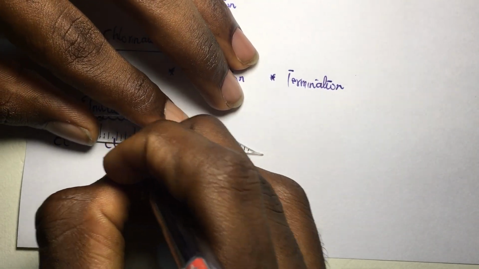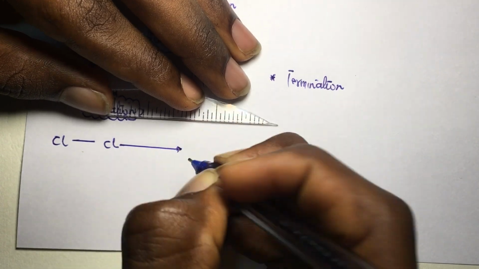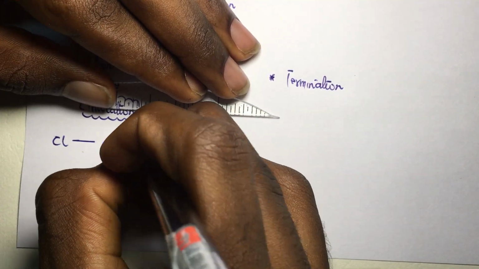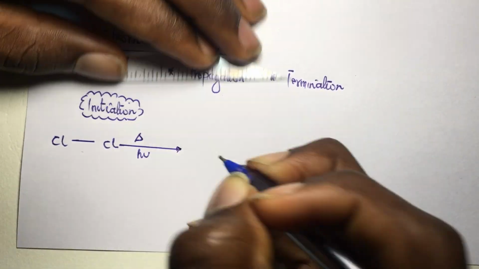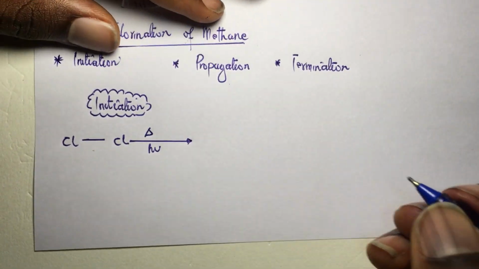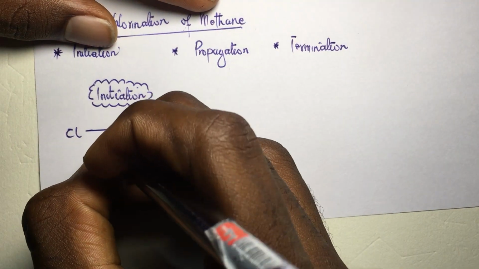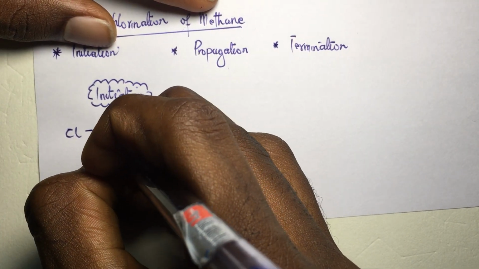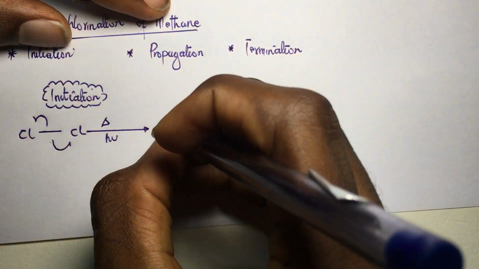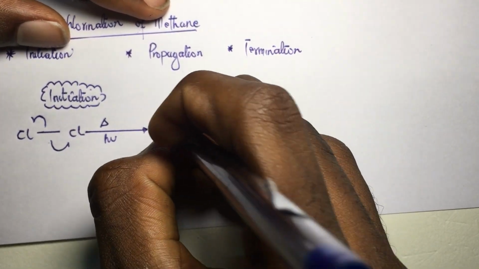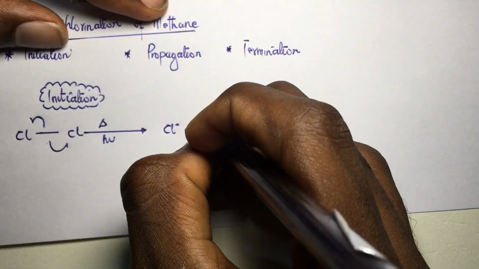In the presence of heat, or even sunlight, which is hv, these electrons split homolytically, where one electron goes onto this side and another electron moves here, and then you generate a radical and another radical.